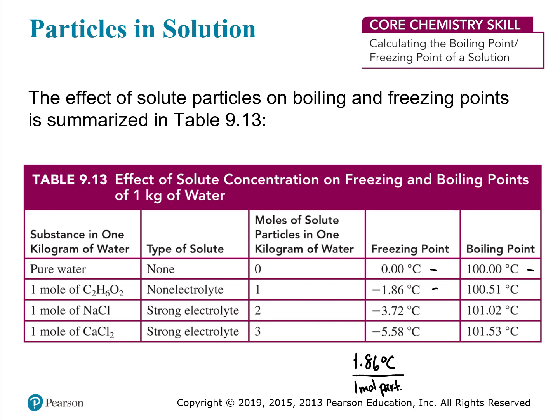This is going to be helpful for us going forward. This is for freezing point. Because you notice a trend. For 2 moles of particles in solution, the new freezing point is negative 3.72 degrees Celsius, which is 1.86 times 2.